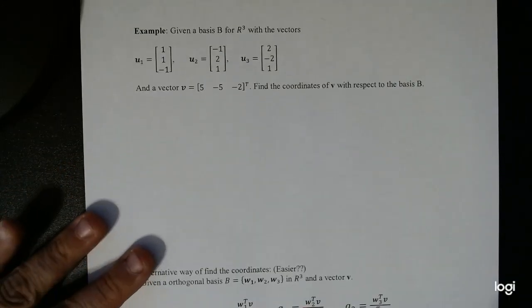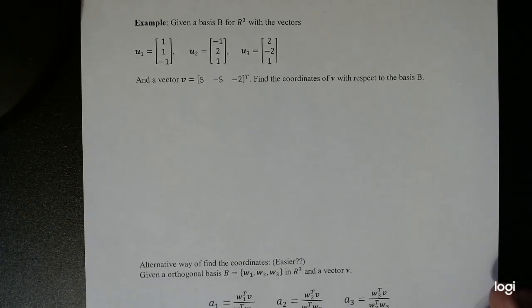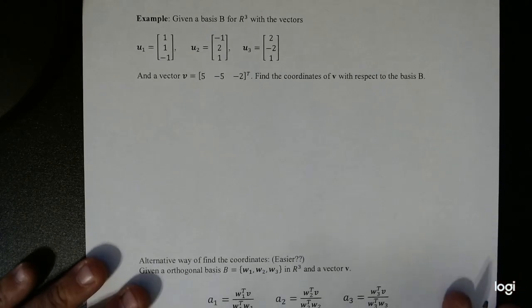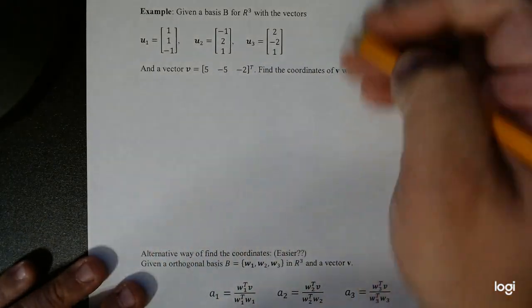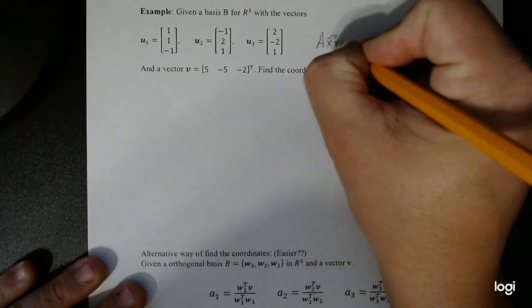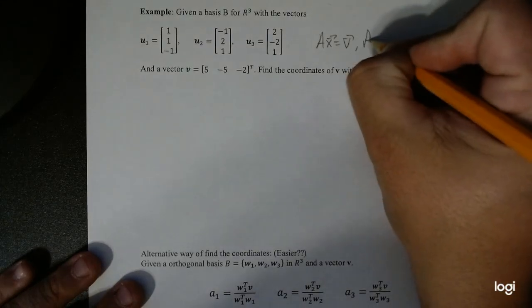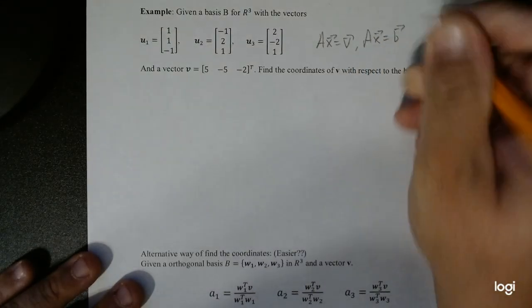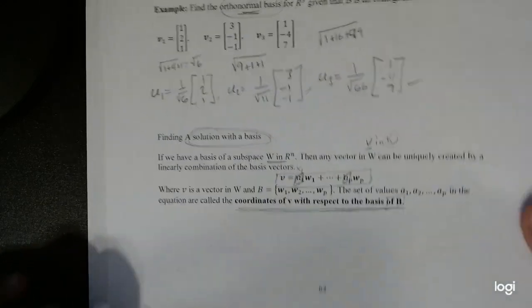So let's try this out. Given a basis with the vectors U1, U2, U3, and a vector V, find the coordinates of V with respect to the basis B. Nothing's really changed, because according to my equation, this is exactly right.